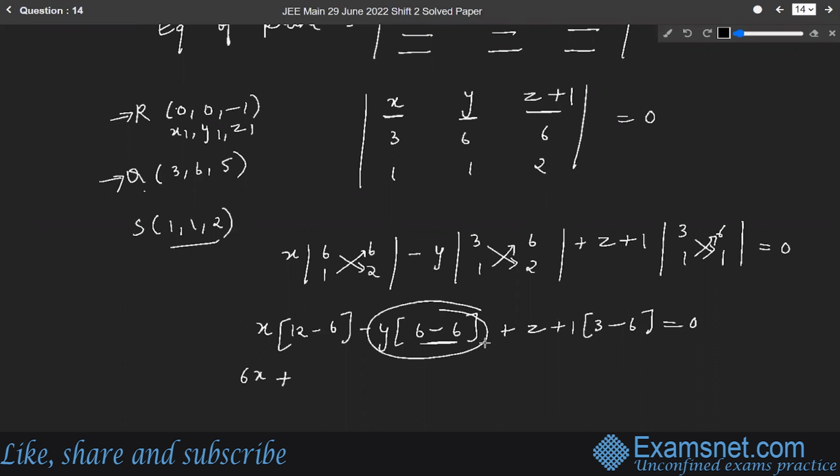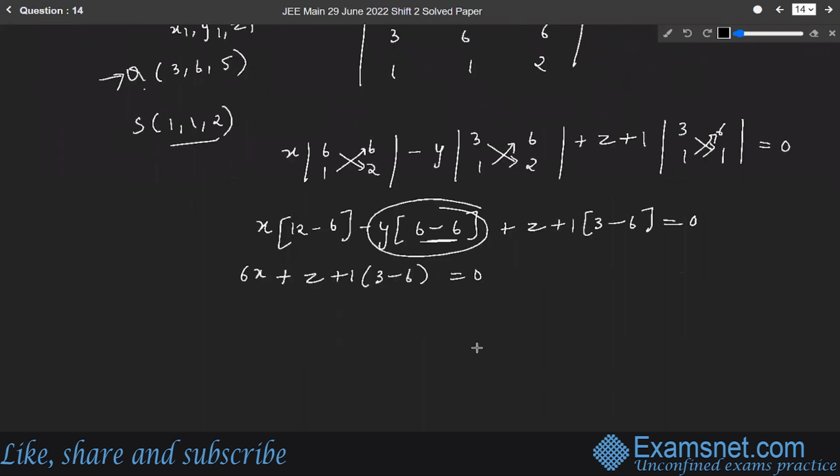Now plus z plus 1 into 3 minus 6. What is 3 minus 6? It is minus 3. So z plus 1 into minus 3. Minus 3 into z is minus 3z. Then 1 into minus 3 is minus 3. It will be equal to 0, right? So we have 6x minus 3z minus 3 is equal to 0.